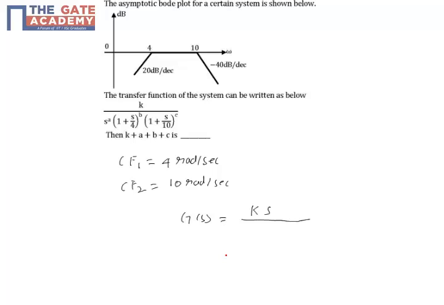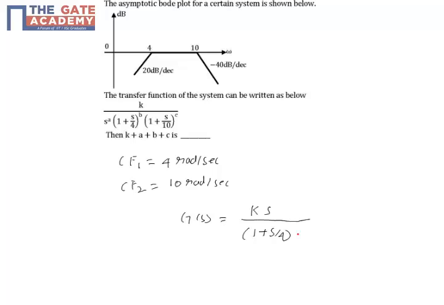We see that the slope is changing from plus 20 to 0, which means there is an additional contribution of minus 20 decibel per decade at 4 radians per second. So this will happen when we have a pole of first order at omega equal to 4. So in that case, it will be 1 plus s by 4.